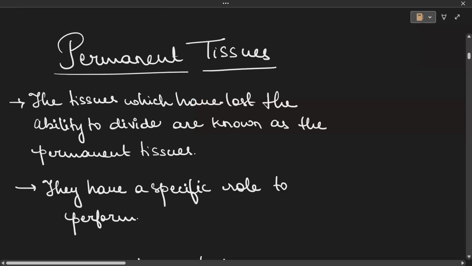The tissues that cannot divide anymore are known as the permanent tissue. Division does not take place at all. When a tissue becomes a permanent tissue, it only performs a specific role. You can imagine it as being modified.